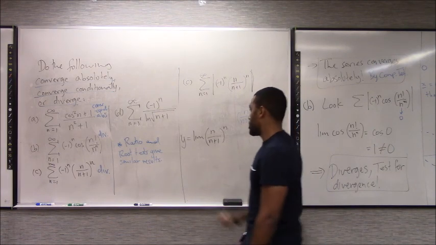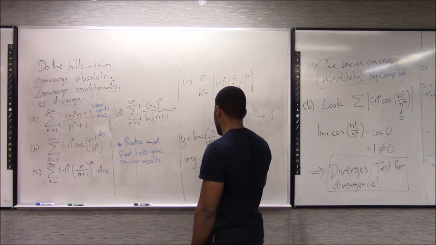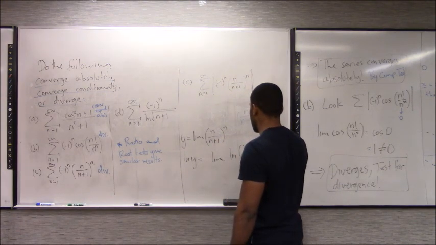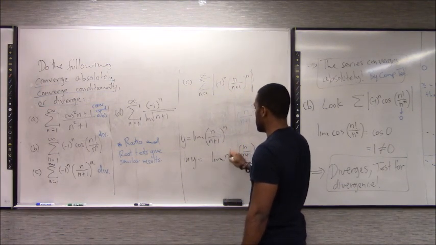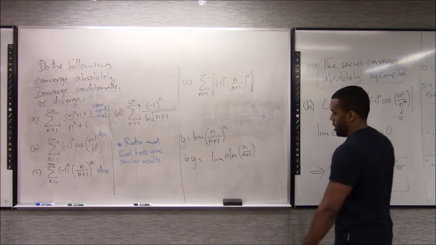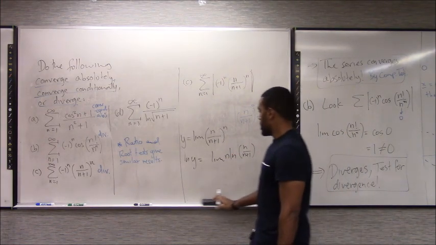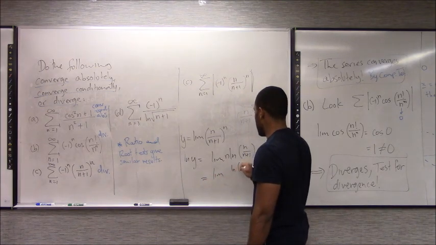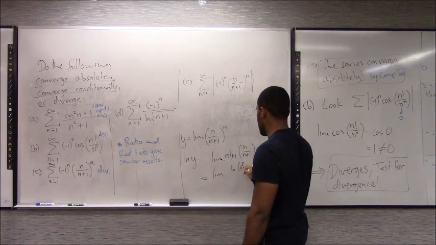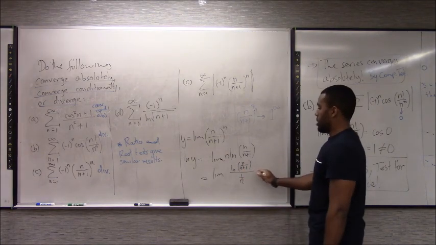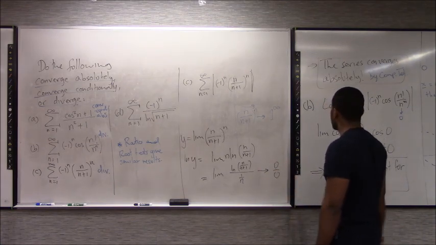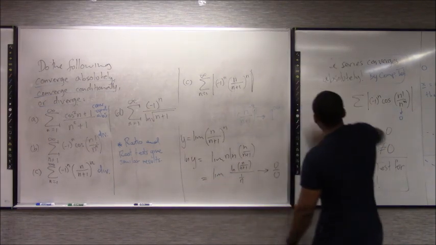Figure out a way to get logs in there. Log both sides. This is going to be the limit of ln of n over n plus 1 to the n, which I'm allowed to bring the n down. And that would be infinity times 0, but all I would do is rewrite this as ln of n over n plus 1 over 1 over n. That would approach 0 over 0. So I would apply L'Hopital's rule.